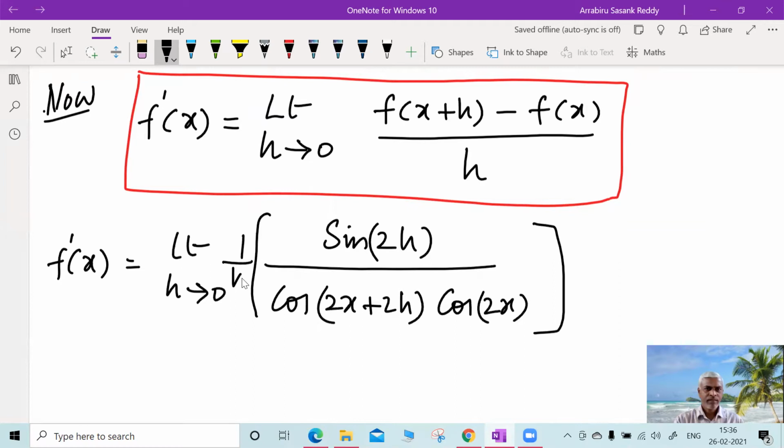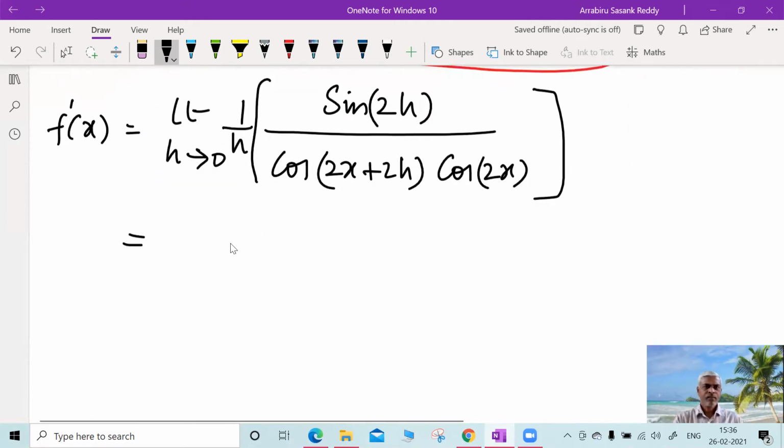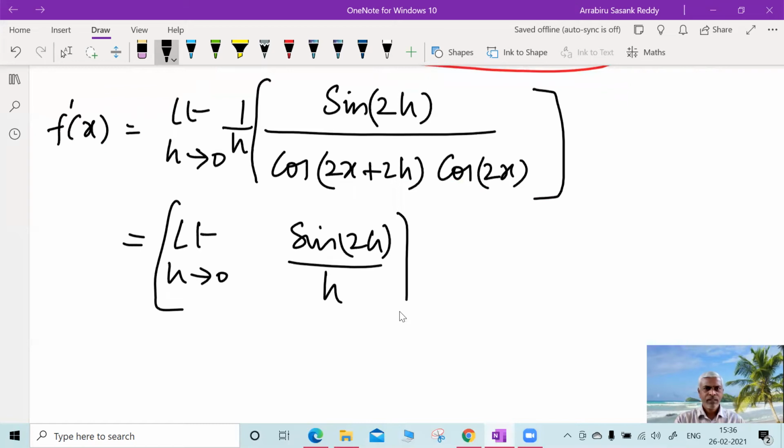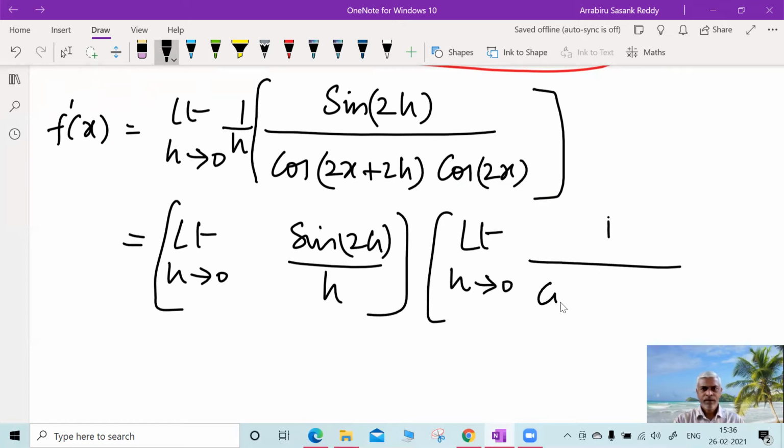So h can be written as 1 by h. Separating the limits, sin 2h by h as the first limit, and limit h tends to 0 of 1 by cos 2x into cos 2x plus 2h.